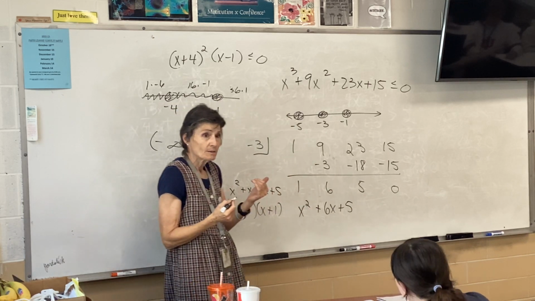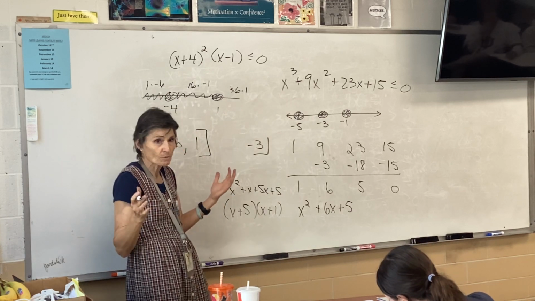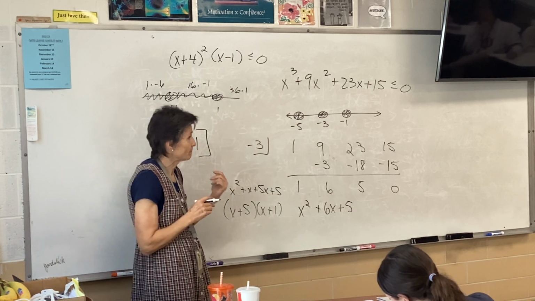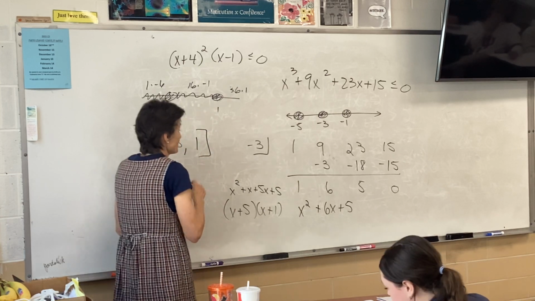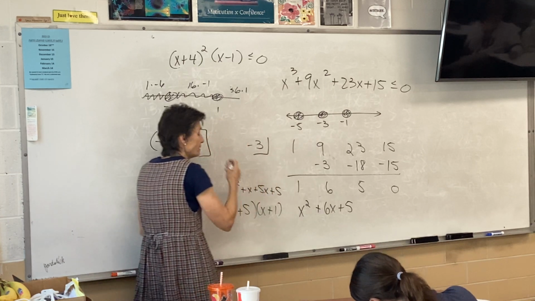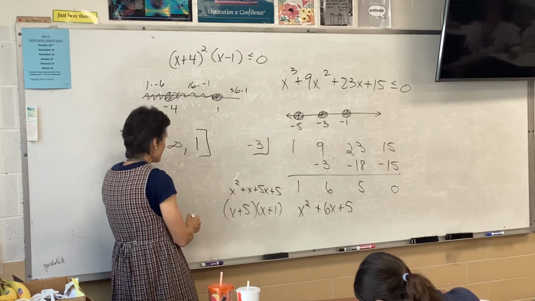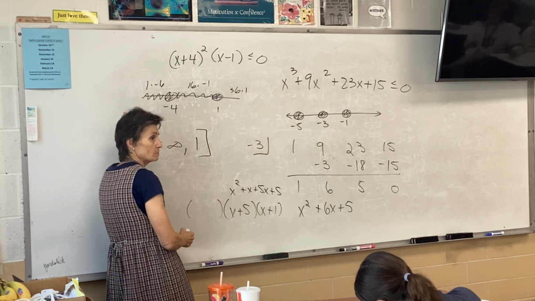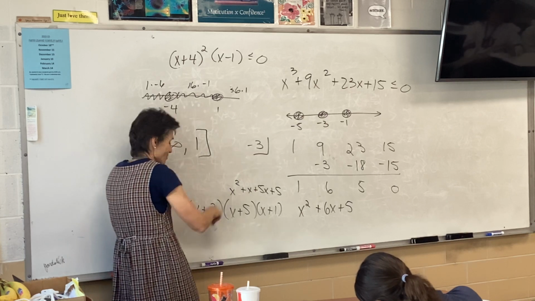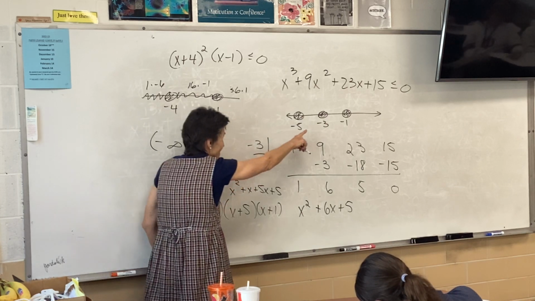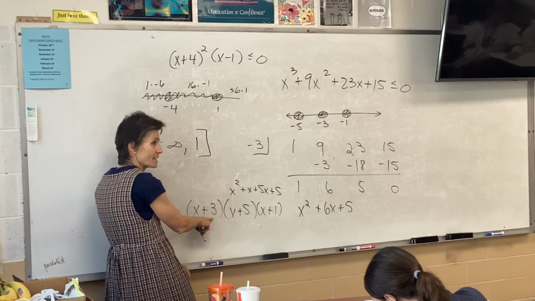No denominator means you shade. Now, this one's going to alternate fine. What's my third factor though? X plus 3, that's exactly right. The dot's at negative 3, so the factor is x plus 3.